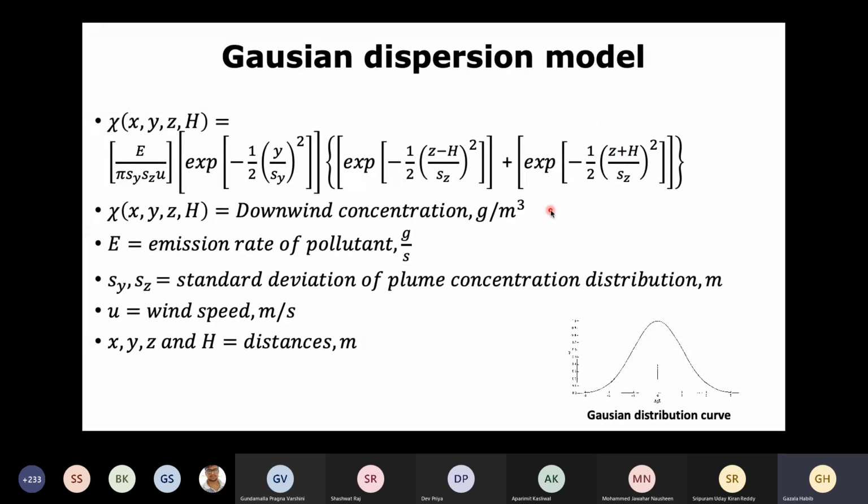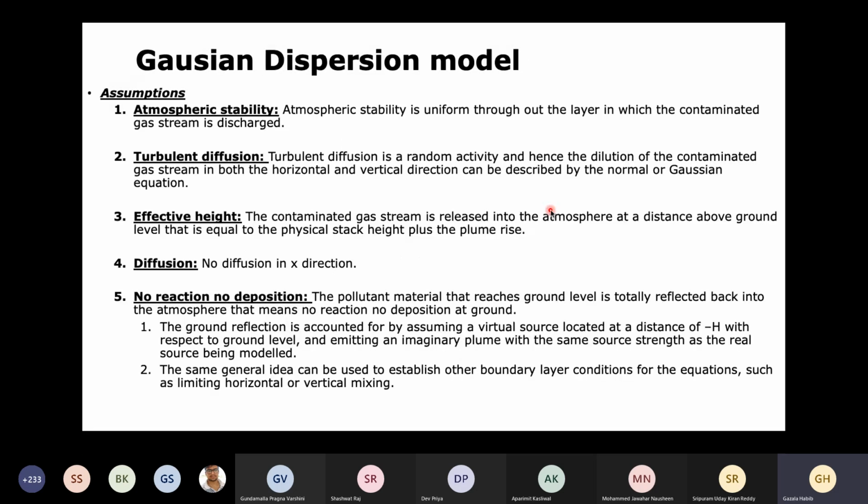We have the assumption that when the plume strikes the ground, it is not absorbed in the ground, but there is an imaginary source at minus h distance below the ground, which is emitting the imaginary plume.